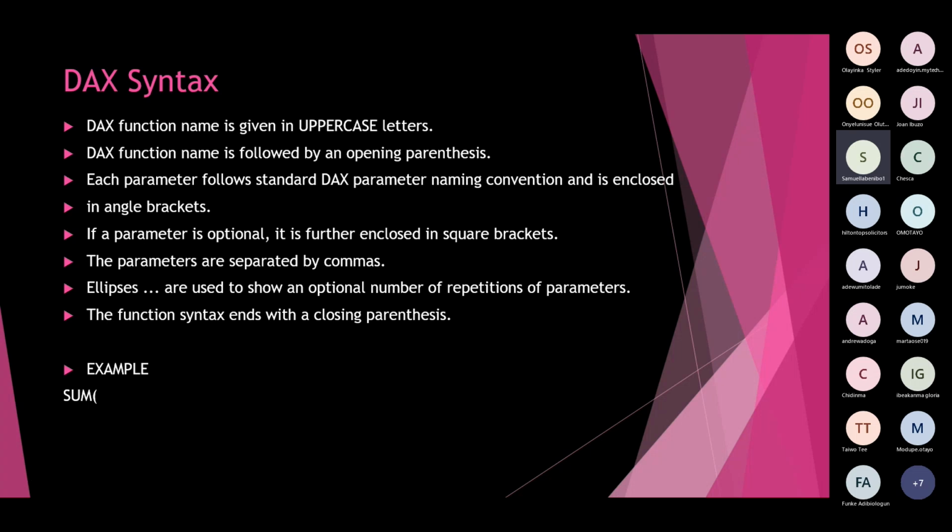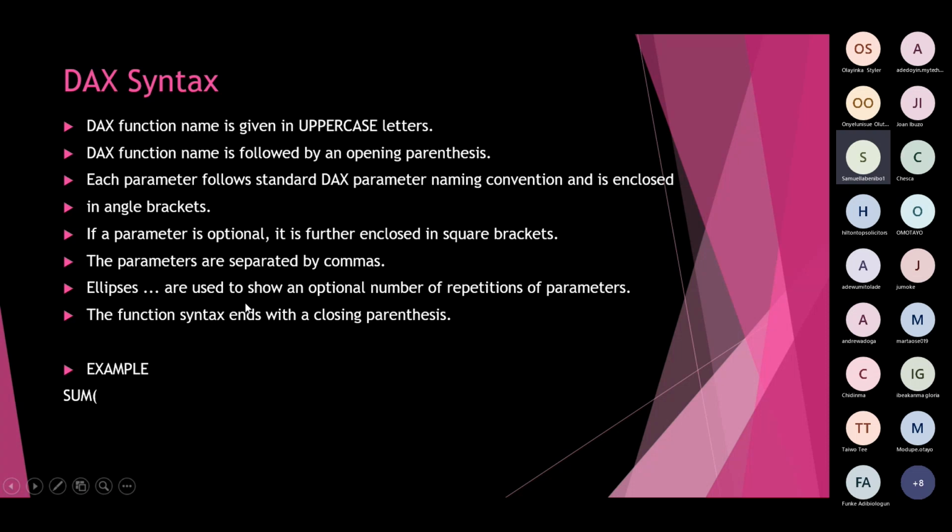So, just like the Excel function, let's say you want to sum two cells, for example. When you write equals SUM, let's say A2 comma A3 comma A4, and the rest of them, or you want to take it as a range, whatever the case is, but parameters are separated by commas. Okay, and then ellipses, these are ellipses.